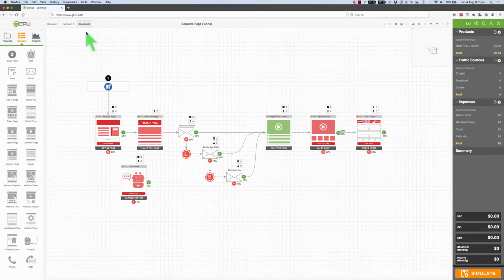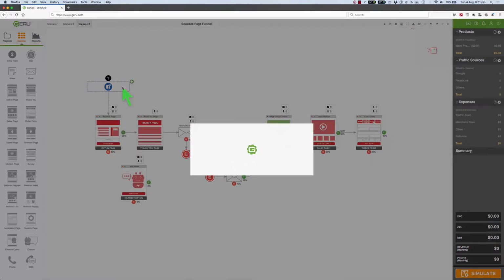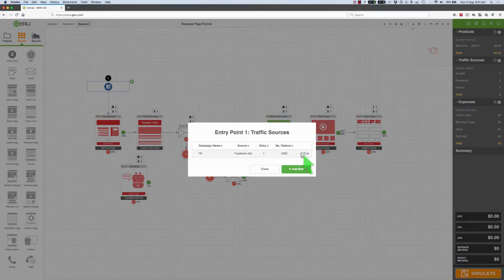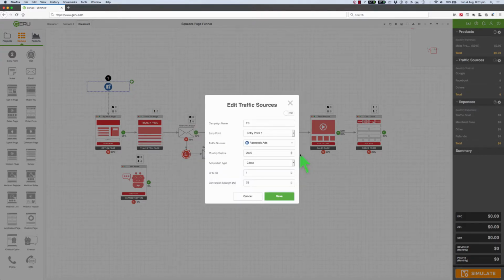Now this is scenario 3, and in scenario 3 I've looked at the Facebook campaign, and you may remember originally in scenario 1 the conversion strength was at 50%, so it was a fairly cold audience. But what if we ran the same ads past an audience that already knew our business, or perhaps had heard of our product before, so the quality of that audience was increased from 50% to 75%.